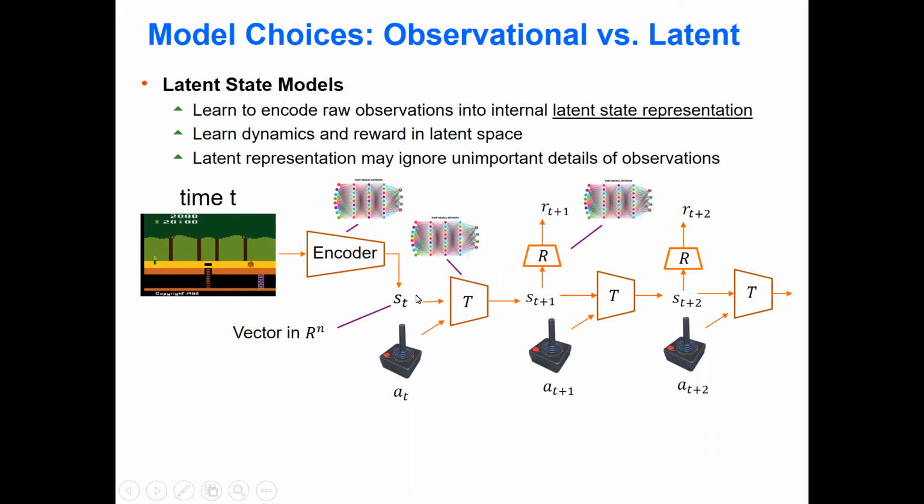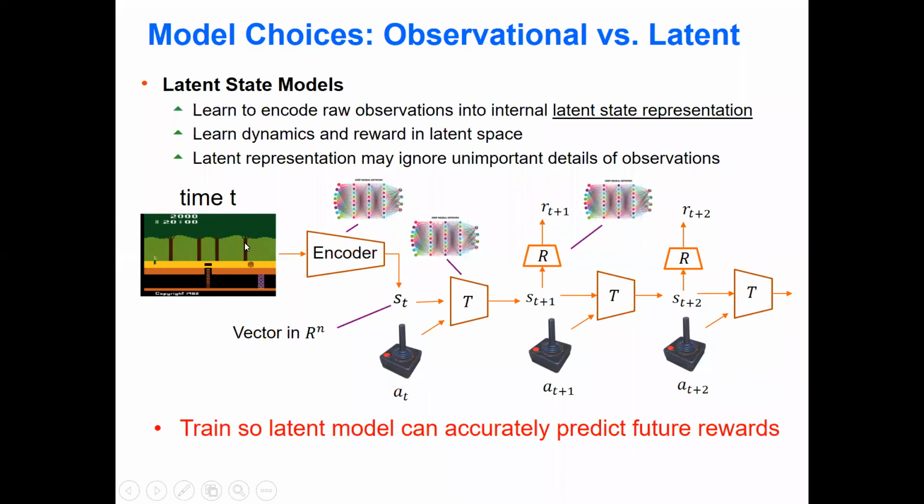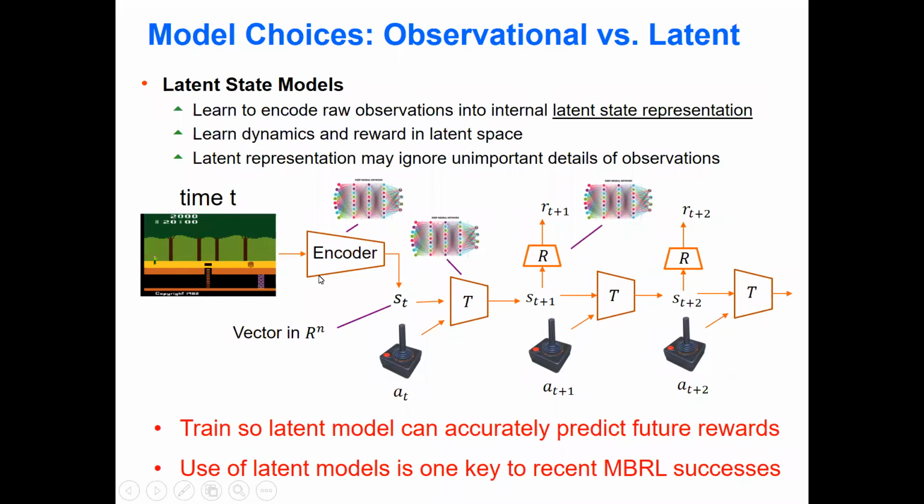But the learning process is going to try to learn to ignore aspects of the input that are not important to solving the planning task, not important to predicting rewards in particular in this case. So it can ignore the background in the video if that's not important, or whatever else it wants to ignore. And as long as you can train it so it can predict future reward in the latent space, regardless of what actions you take, you might as well just use this to plan with, right?